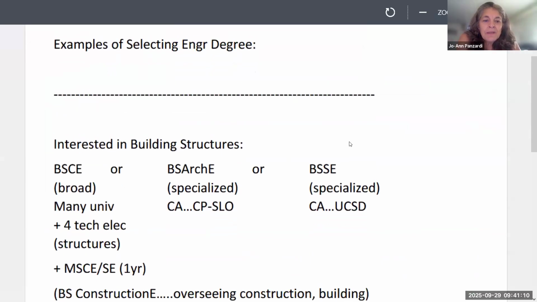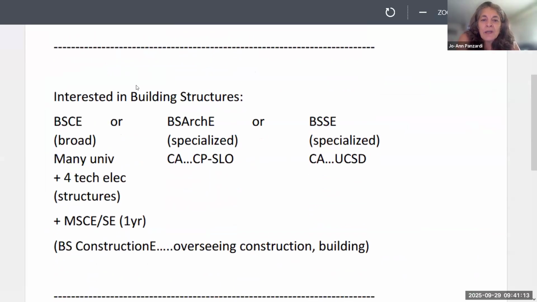So let's say you're interested in building structures. That's the product that you're interested in. You have a choice of 3 different bachelor's degrees that you could get. You could get a bachelor's degree in civil engineering, which is broad, and many universities offer that. You could get a bachelor's degree in architectural engineering, which is more specialized.